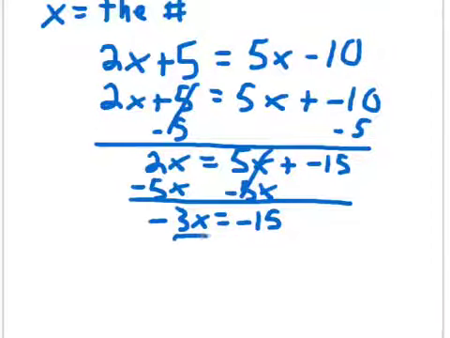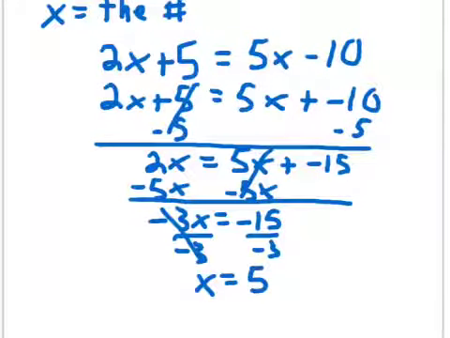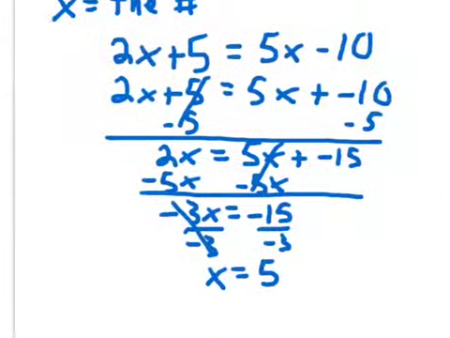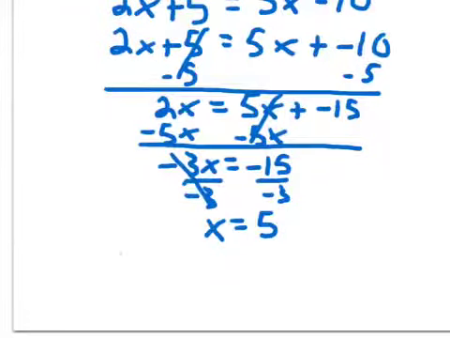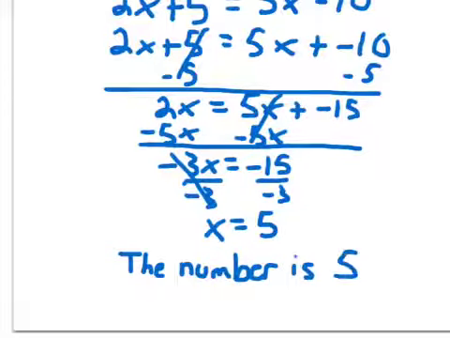Then I divide by -3, and I get x equals -15 divided by -3, which is 5. Answer the question. They said find the number, so I'm going to write the number. The mystery number is 5.